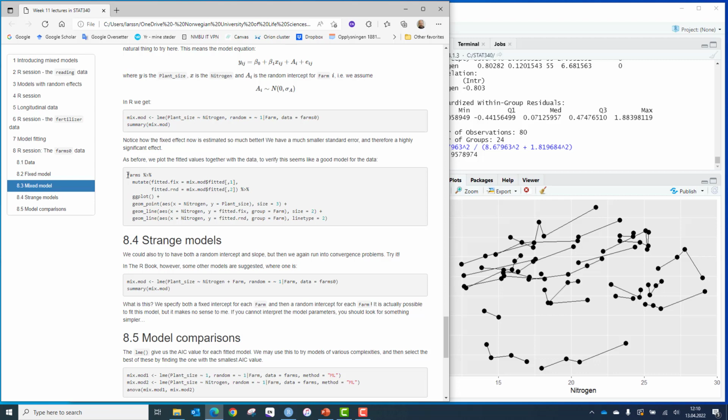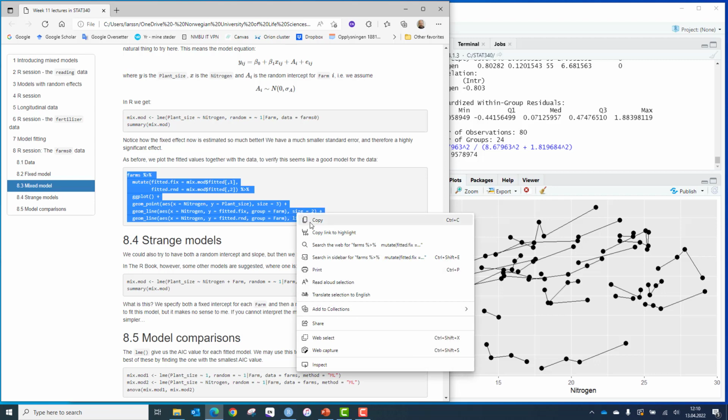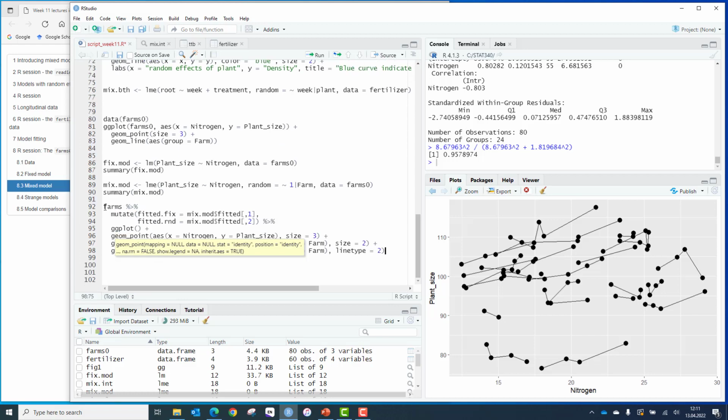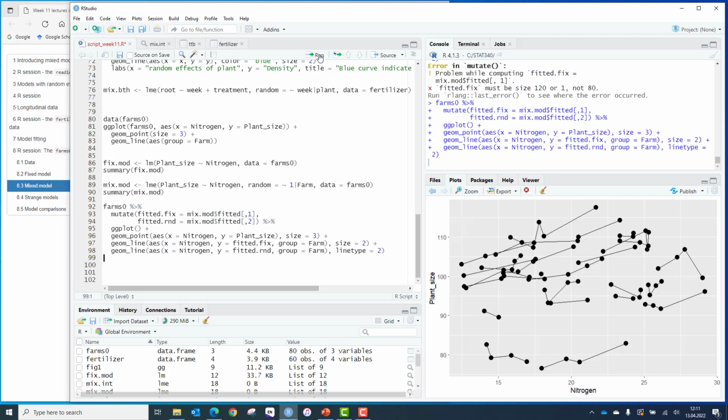Okay, we can always do this sanity check again that we did before for this fitted model. I think this is a good idea. Yes, there was an error in the code here. It should be farm 0, not farms. There you have it. And here we can now see how the black dots are the data as before.